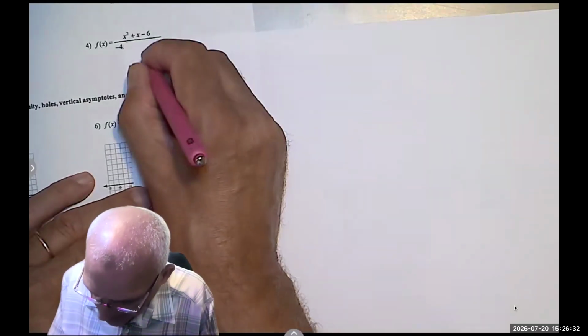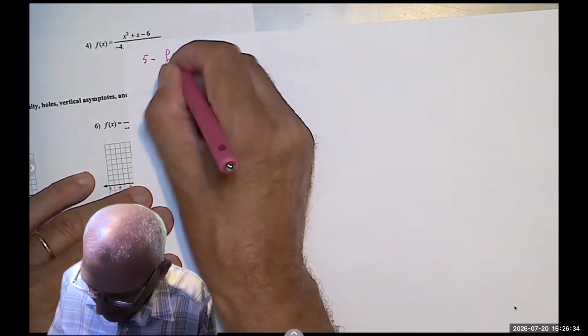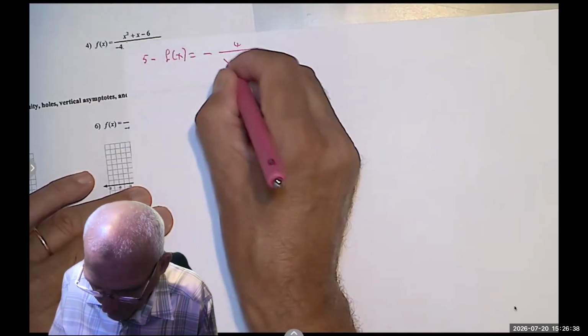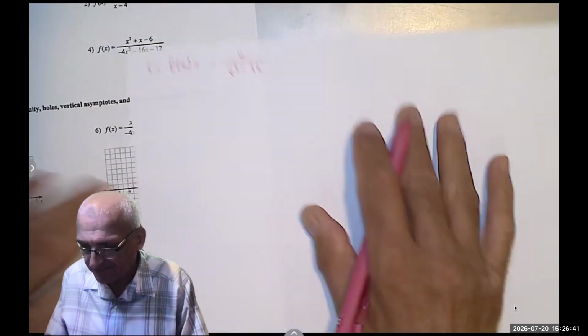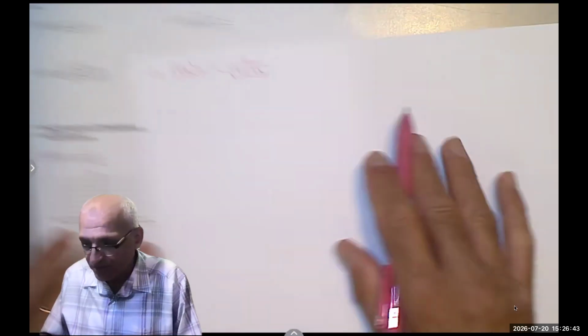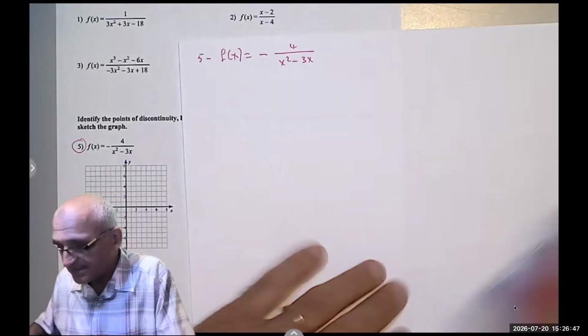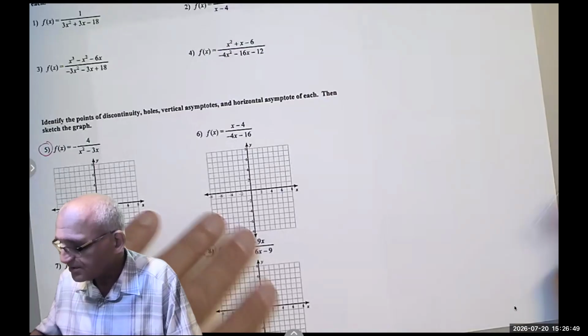Number 5, f of x equals negative 4 over x squared minus 3x. Degree of numerator is 0, of denominator is 2, so the denominator is larger, and the x-axis is an asymptote.